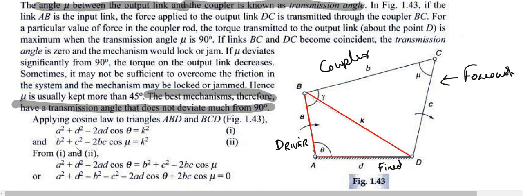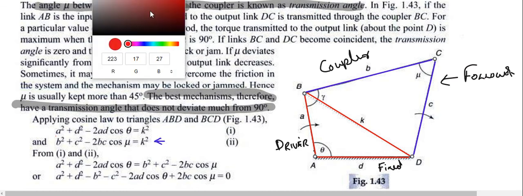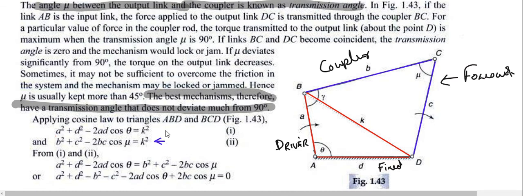And from the other triangle, BCD, I draw it with another color, applying the cosine law, we will get these two equations.